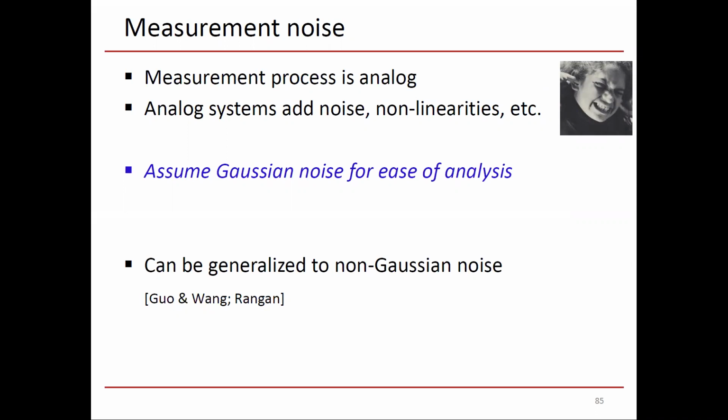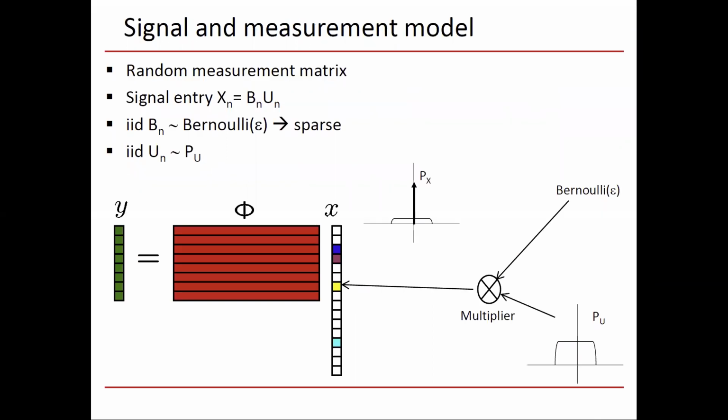They're going to contain nonlinearity, so it's not going to be exactly A times x. There's going to be crosstalk between wires, distortions, a lot of problems. For ease of analysis, we're going to be assuming Gaussian noise. This can be generalized to non-Gaussian noise, for example, by Guo and Wang, and also by Rangan and later his co-authors.